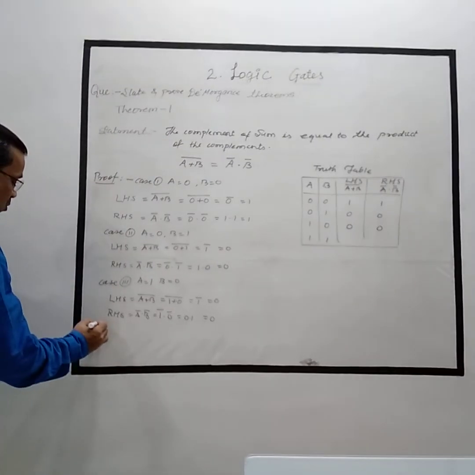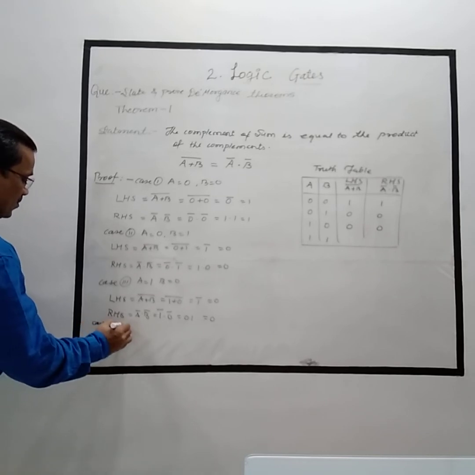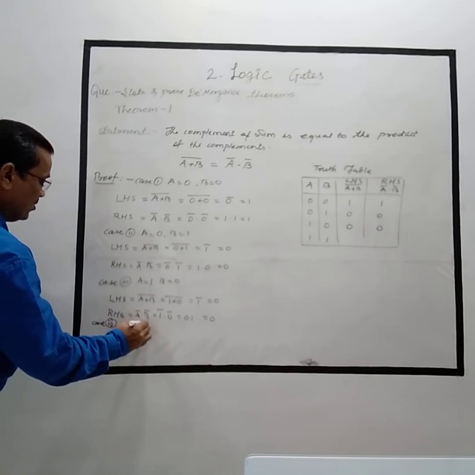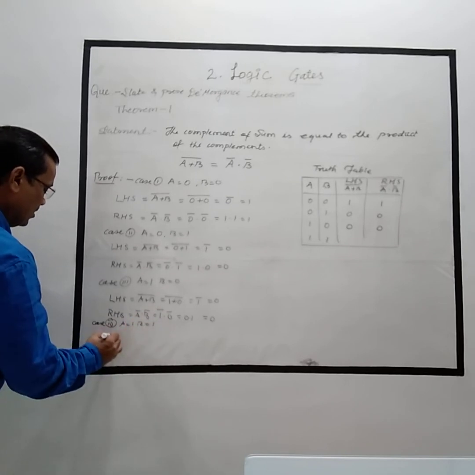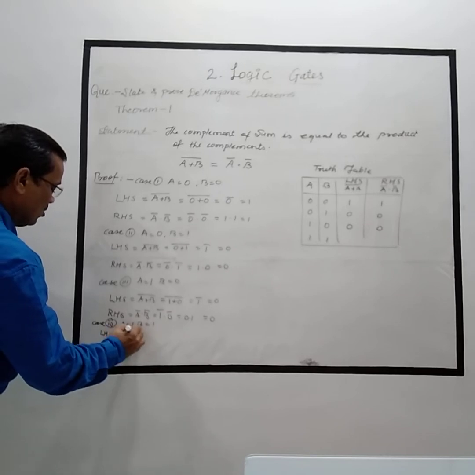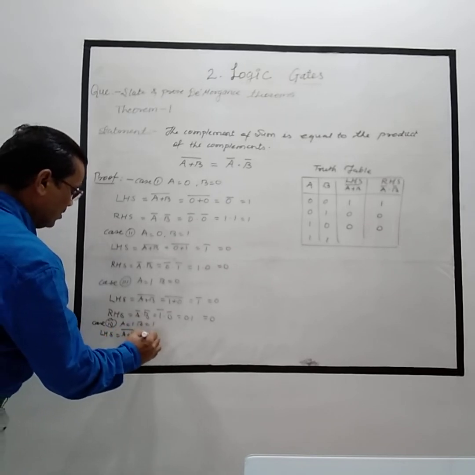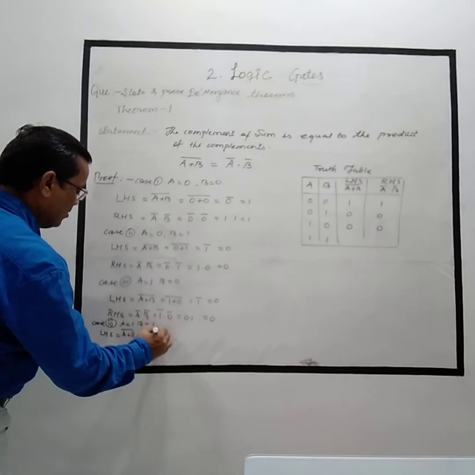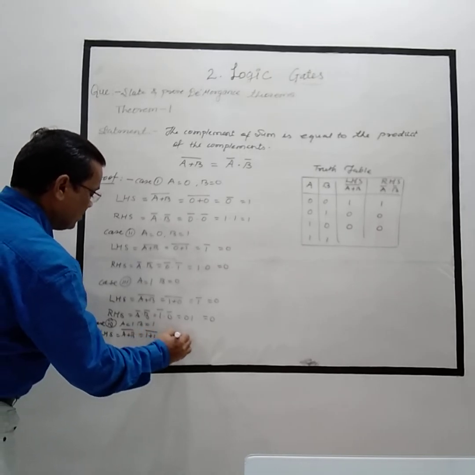Now case 4: A is equal to 1, B is equal to 1. LHS: A plus B whole complement, which is equal to 1 plus 1 complement. 1 plus 1 is 1, 1's complement is 0.